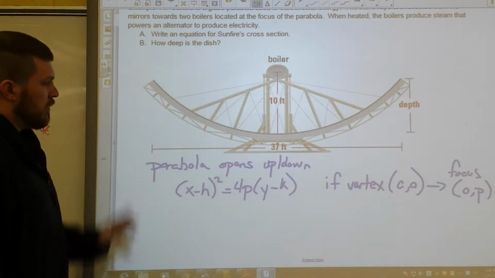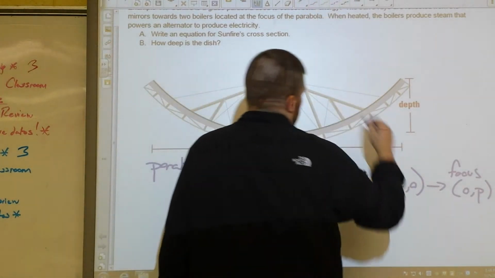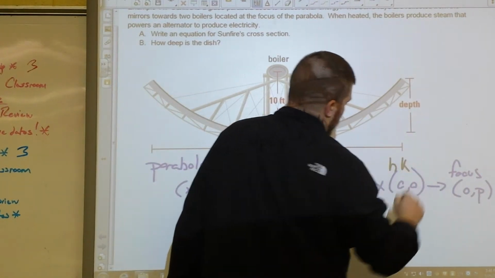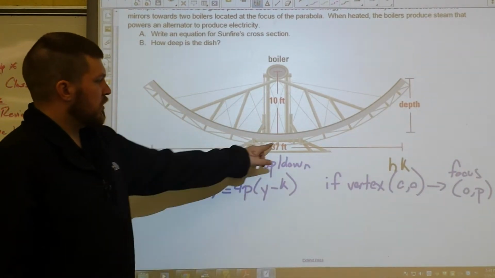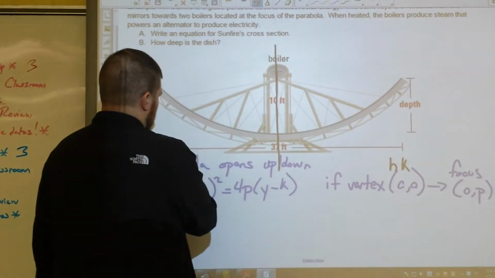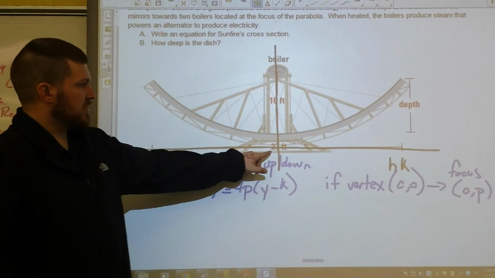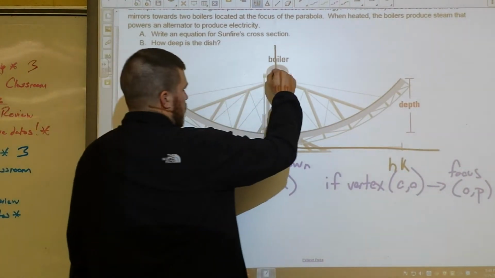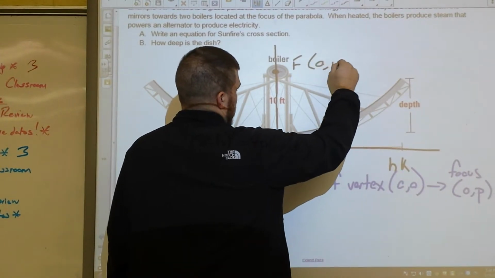Again, we're assuming the vertex is at (0, 0), so we already have our h and our k. We also know our focus is at (0, p). If this is sitting on the axis, that means the boiler, my focus, is sitting at (0, 10).